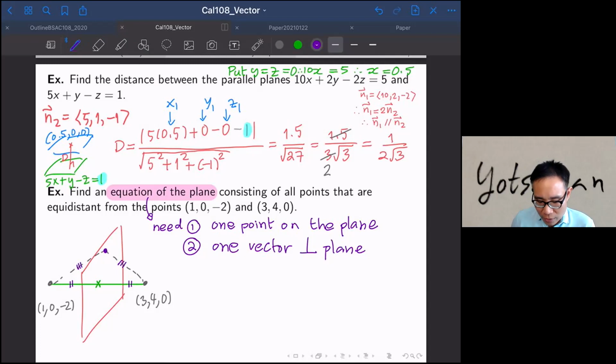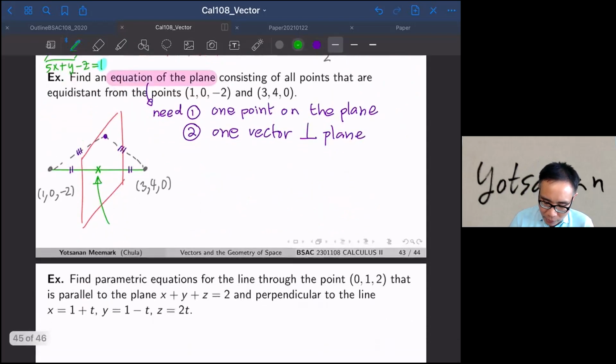You need one point on the plane, so you can use the midpoint. This green point turns out to be the midpoint between these two points.